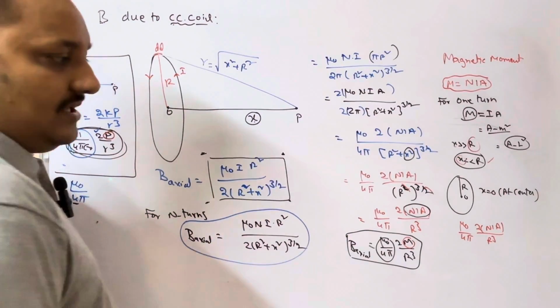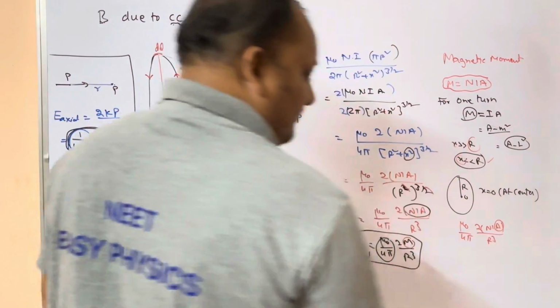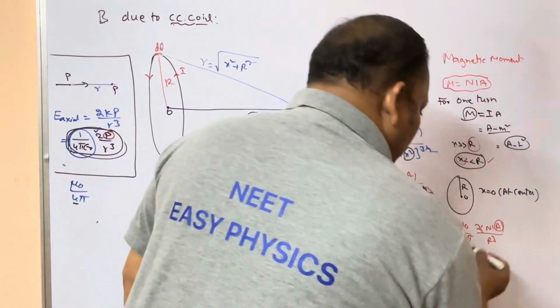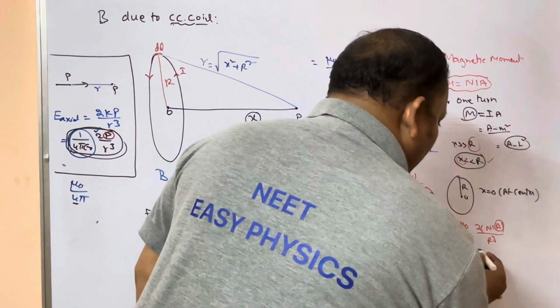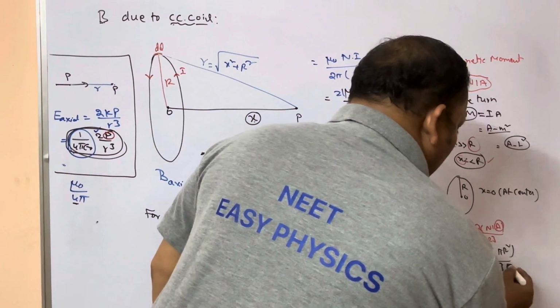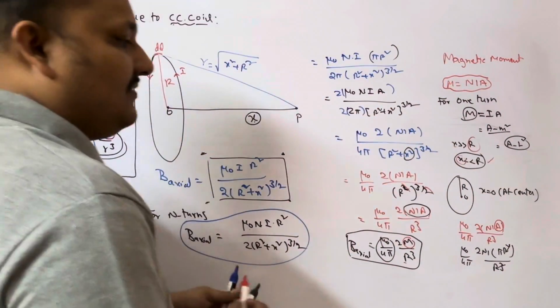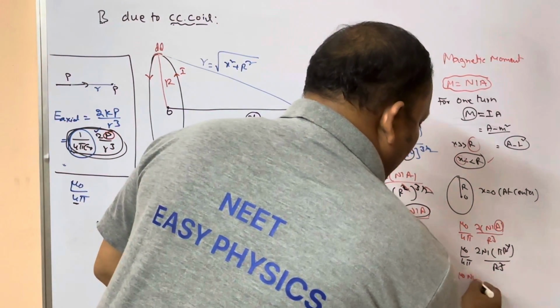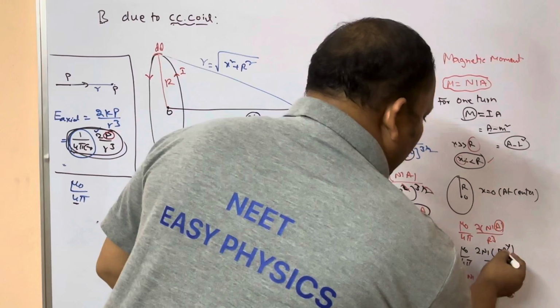Same formula you got. But what about A? Because in this there is no X. So what about A means mu naught by 4 pi, 2 NI pi R square by R cube. One R will be cancelled. Therefore, you are going to get mu naught NI pi.